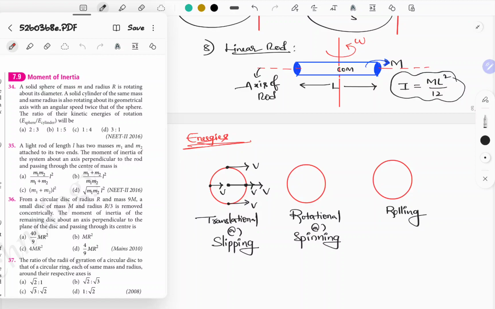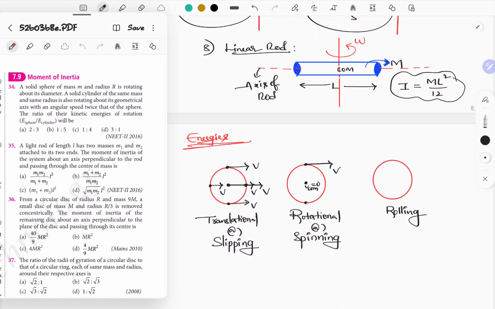In rotational or spinning motion, this is also called a pure rotation. In this pure rotation, the object doesn't displace, it will rotate at the same position itself. That means the velocity of the center of mass is equal to 0. The particle at the topmost point will move forward with a velocity v.